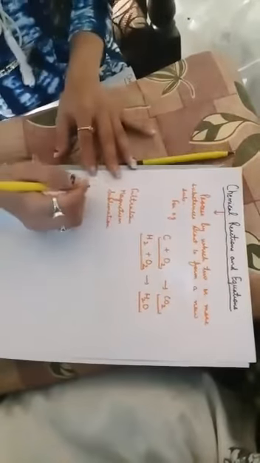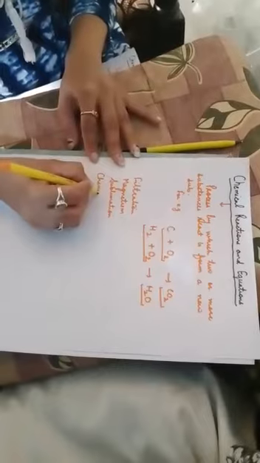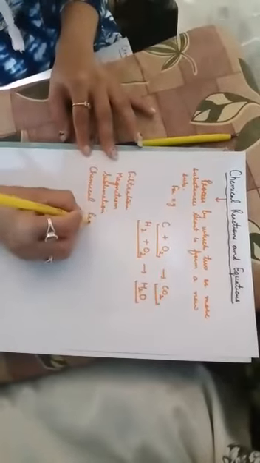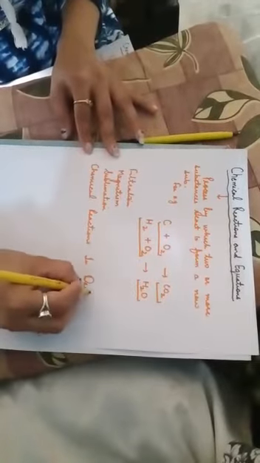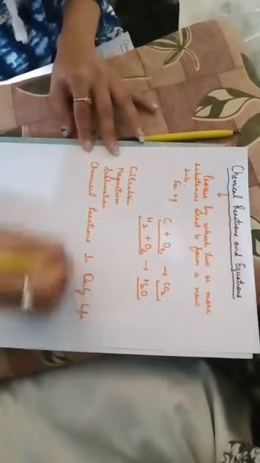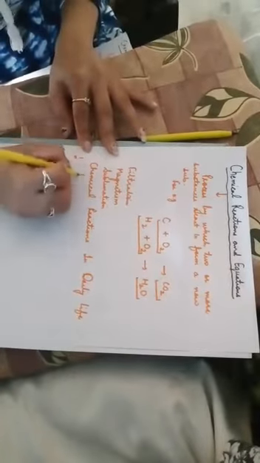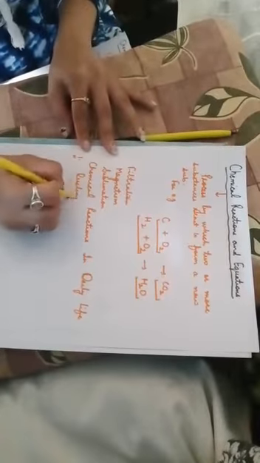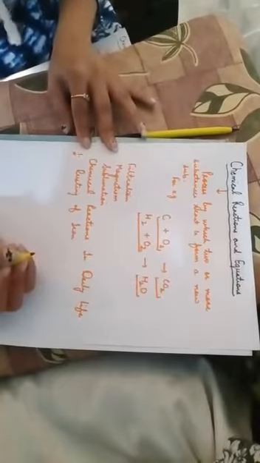Now we'll discuss the chemical reactions that take place in our daily life. First of all is rusting of iron. I think this is the most common example of a chemical reaction that we usually see.